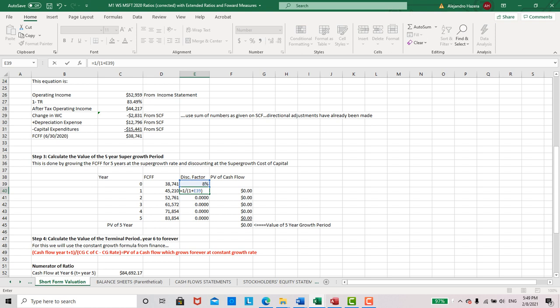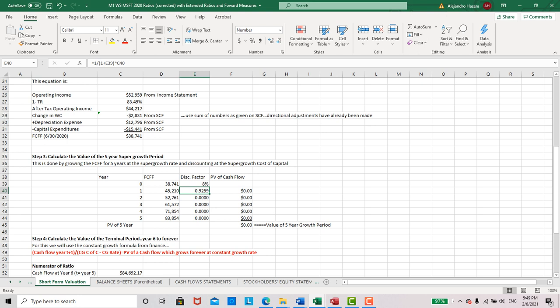Then we raise it to whatever number of years we're discounting. In this case, we raise it to 1 year, so that's C40. That's why I put those years there. That gives you 92.59%, the worth of a dollar discounted at 8% for 1 year.